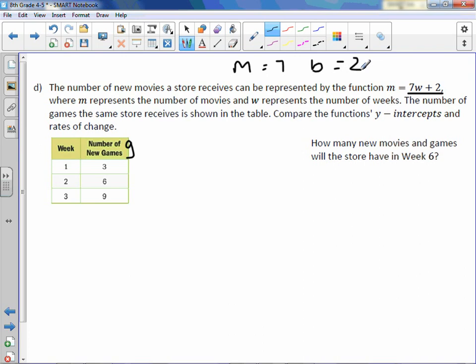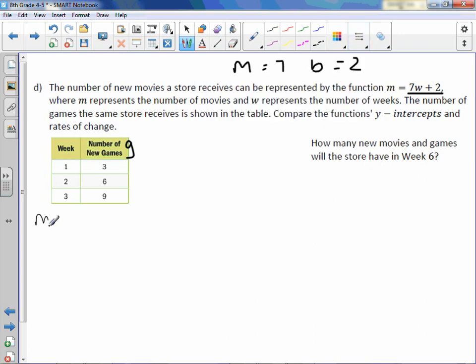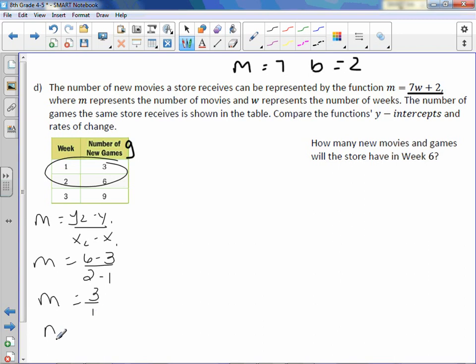Let's figure out for games here. First thing we have to do is find the slope. We can use our formula, m equals y2 minus y1 over x2 minus x1. We'll use our first 2 points, 6 minus 3 over 2 minus 1, which is 3 over 1, which is 3. Let's use our point-slope formula.